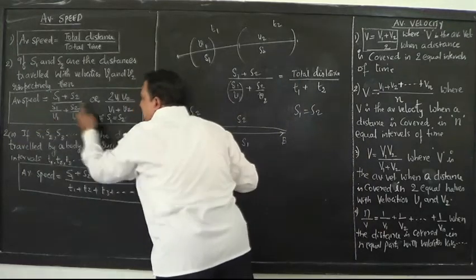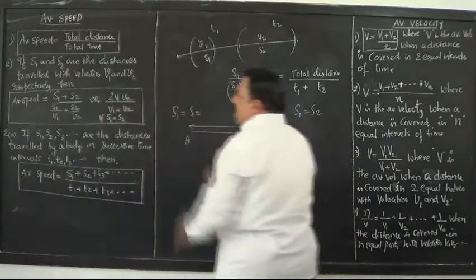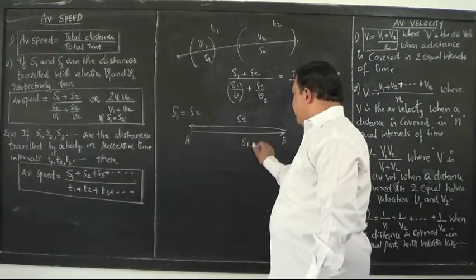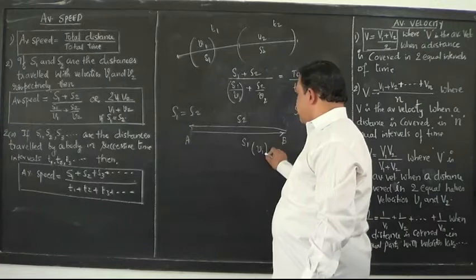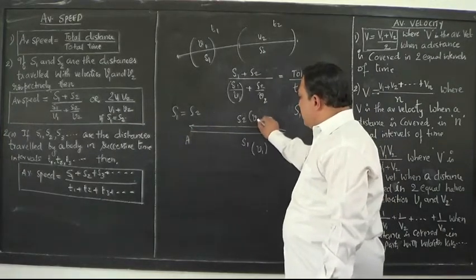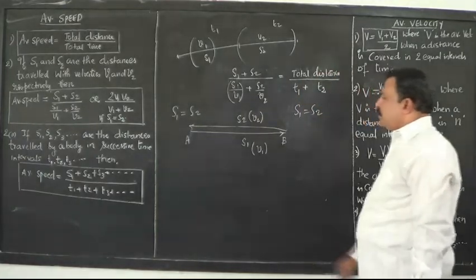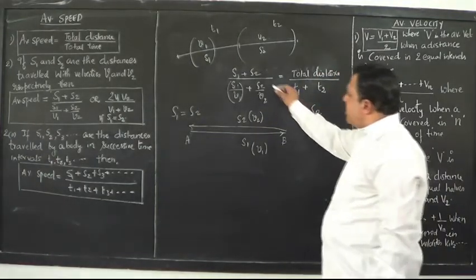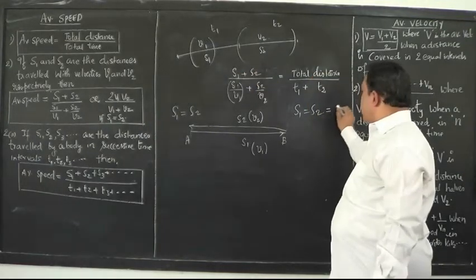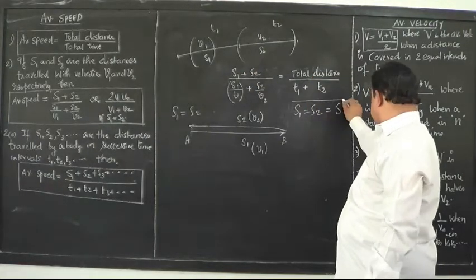In such a case, average speed is simply given by twice V1 V2 over V1 plus V2, where V1 is the velocity to cover a distance of S1 and V2 is the velocity to cover a distance of S2. You can just substitute here S1 equal to S2 equal to S.